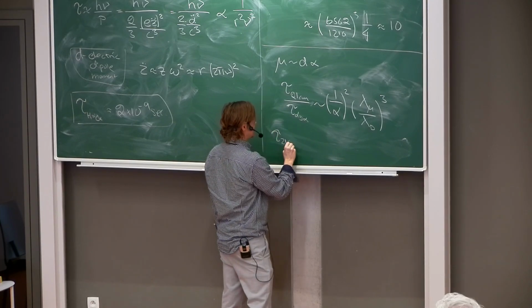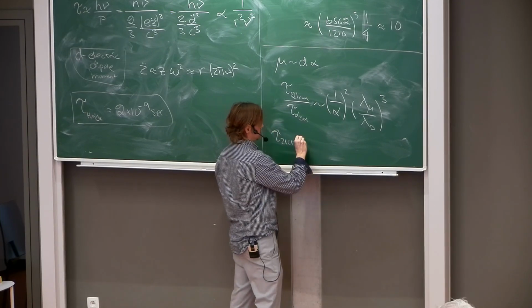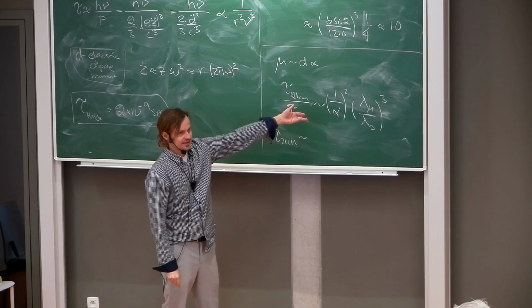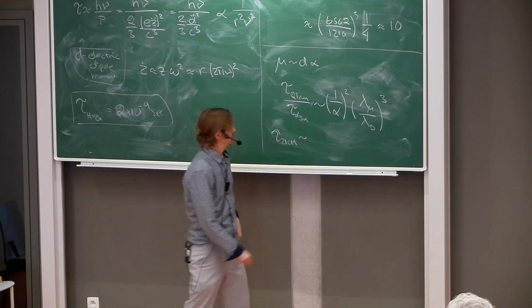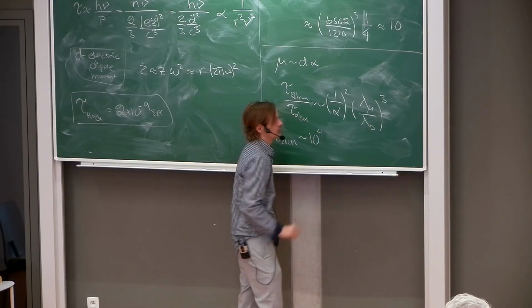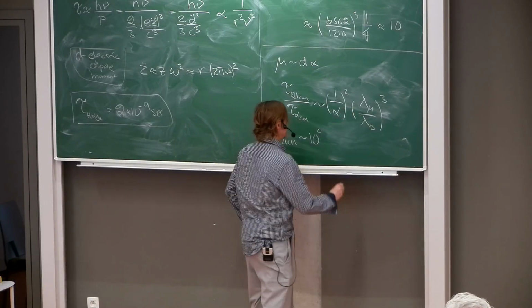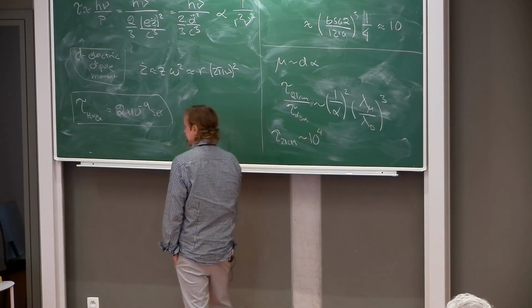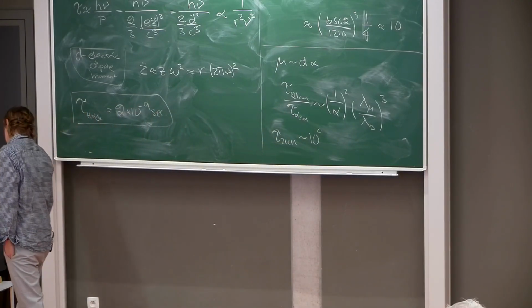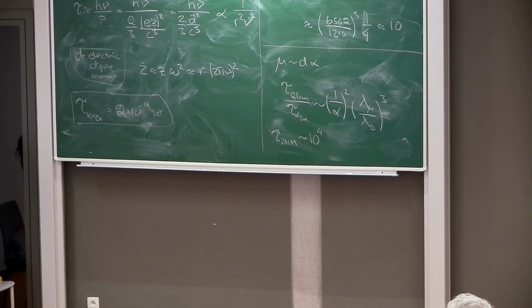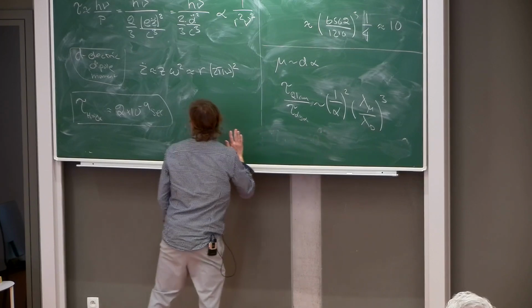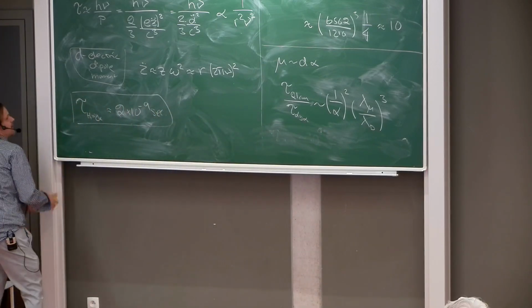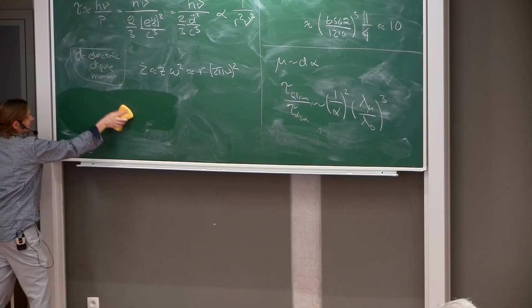So what does this mean? It means that the half-lifetime for the 21 centimeter line is going to be on the order of 10 to the 4, a little bit more. Well, we can just plug in the numbers. I actually did the calculations.